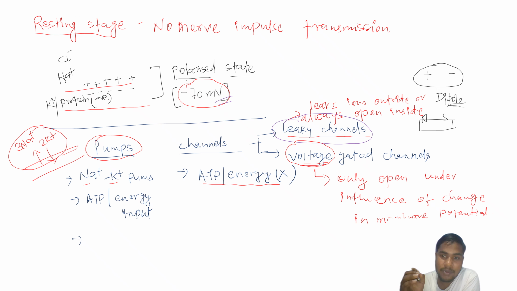So how is the generation of the electric impulse happening? Let's take another situation when there is a stimulus, or when some previous neuron is carrying a nerve impulse and it is approaching the next neuron.